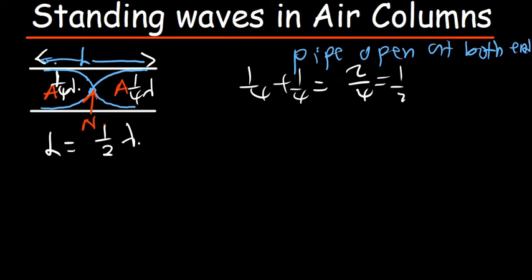This is totally different from the normal standing wave we've been doing so far, because in this case we have one node and two antinodes. Node is 1, antinode is 2.